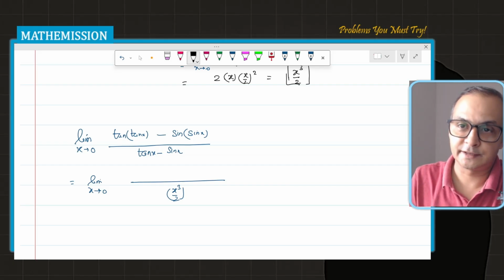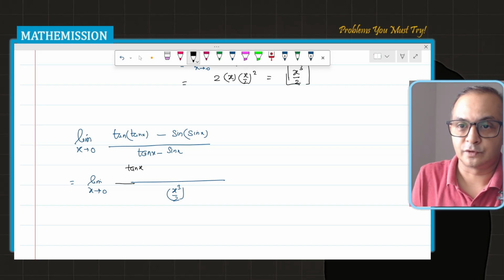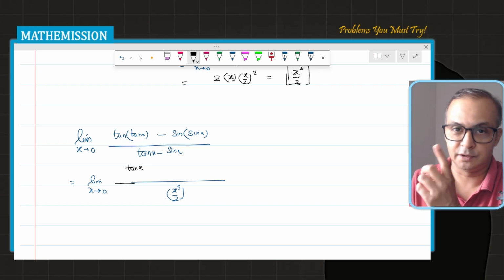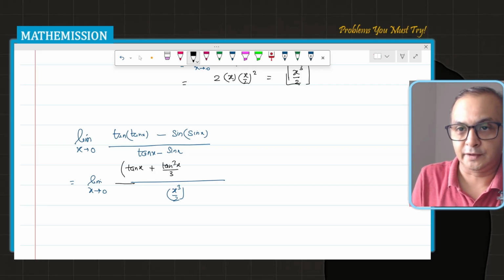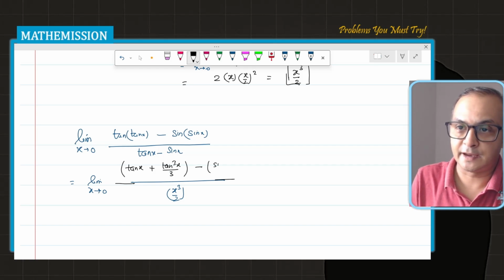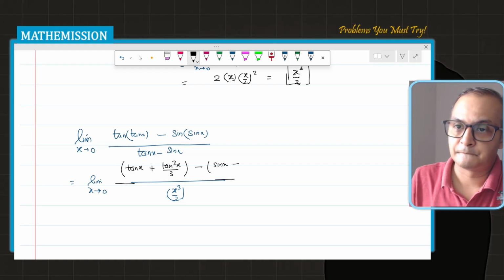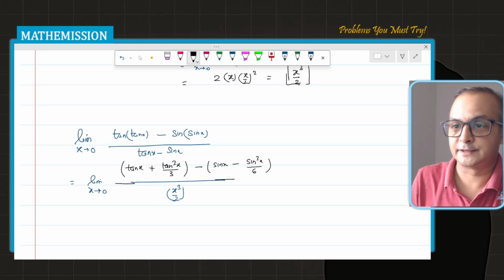So tan x, I can write as the first two terms of the tan series expansion, that is tan x plus tan cube x by 3. And for the sine, we will do the same thing, that is sin x minus sine cube x by 6.